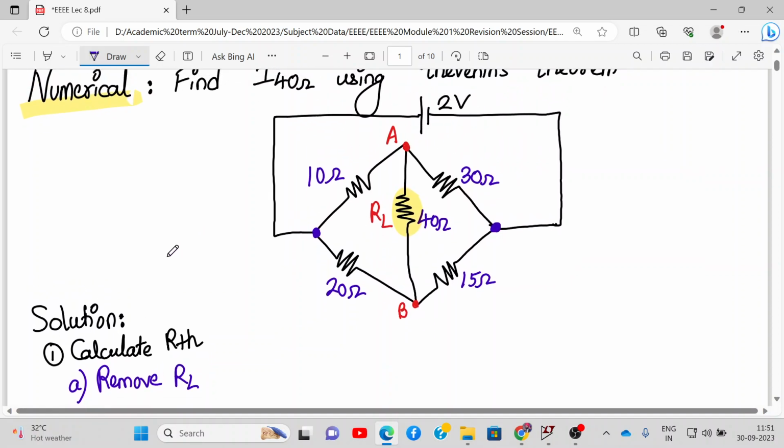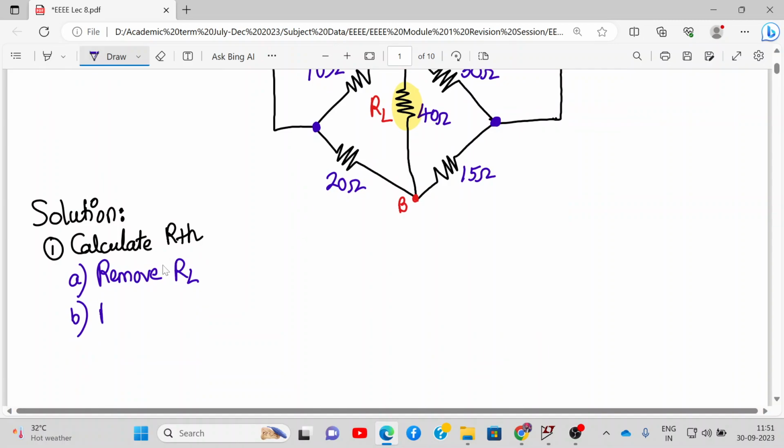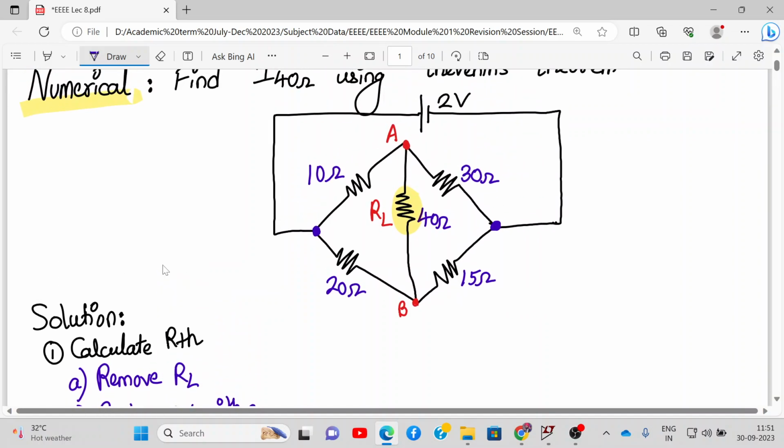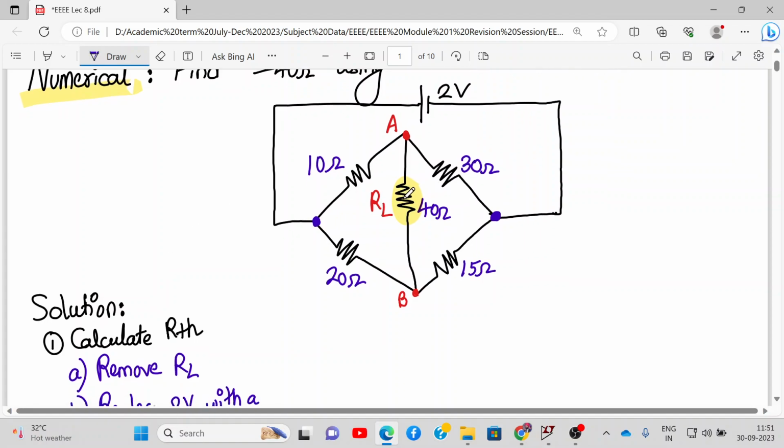So replace 2 volt voltage source with a short circuit. That means we have to short the 2 volt voltage source. Alright. So remove RL and replace 2 volts voltage source with a short circuit.